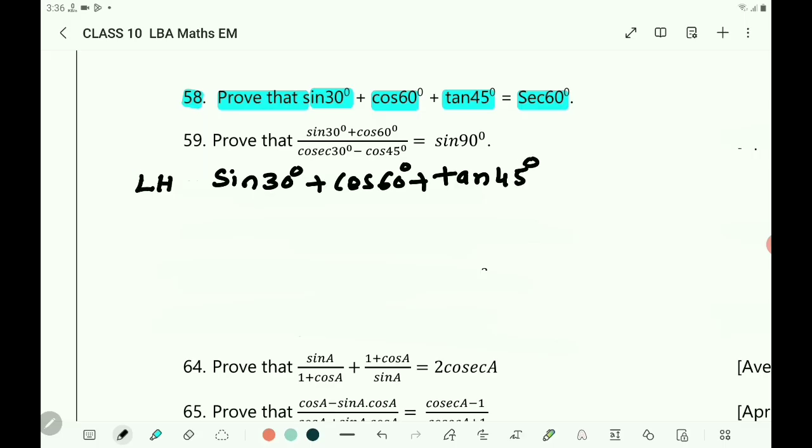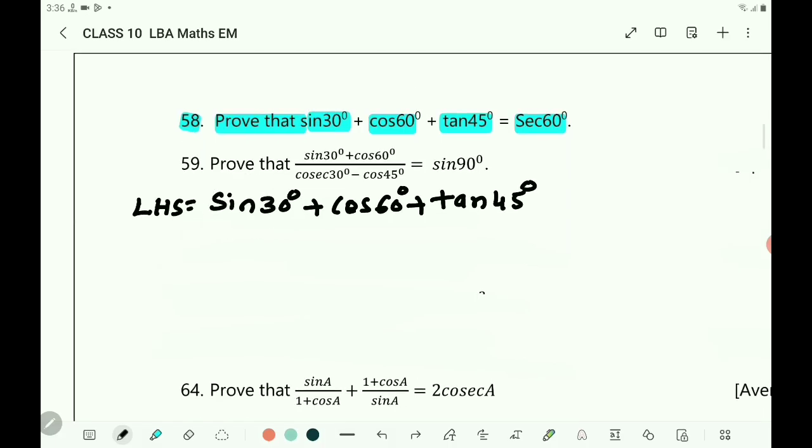This is the LHS. Then what is the value of sin 30? Sin 30 is 1 by 2. Plus what is the value of cos 60? Cos 60 is also 1 by 2. Plus tan 45. Tan 45 is 1.